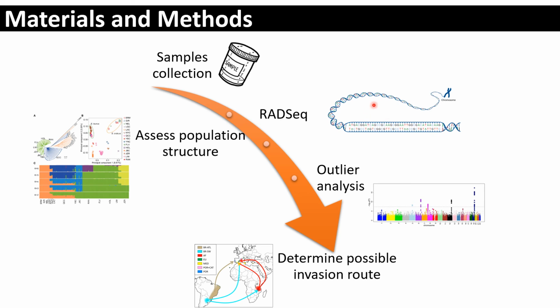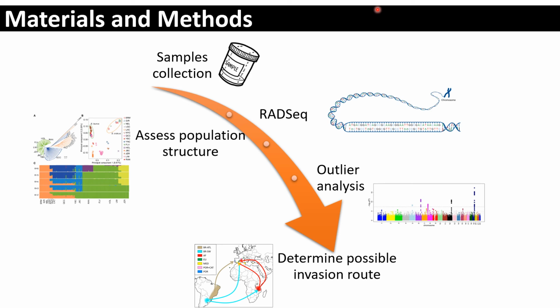Once we get this sequence data, we can extract single nucleotide polymorphism, or SNP, data out of these sequencing data. Then we can use those SNP data to assess the population genetic structure of these pests. Especially, we can use DAPC, admixture analysis, and structure plot analysis to assess the population structure.